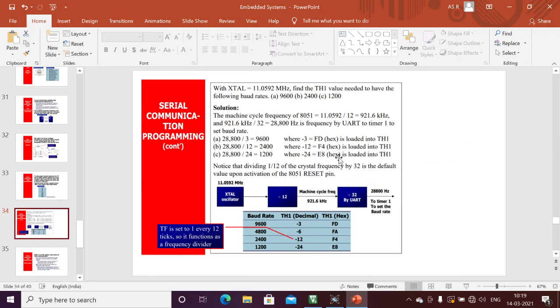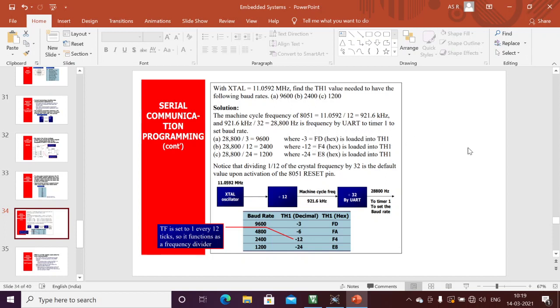Here this FD, -3, means FD to FE, FE to FF, FF to 0. My timer's TL value will be loaded. Here the TH value is always loaded with FD.